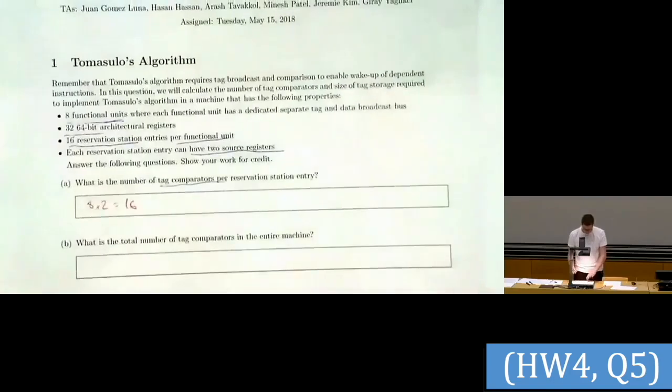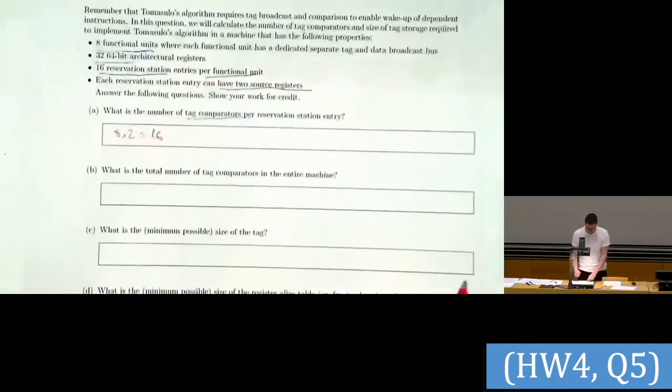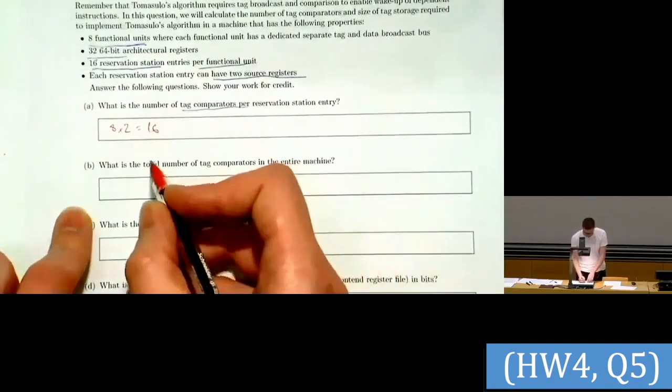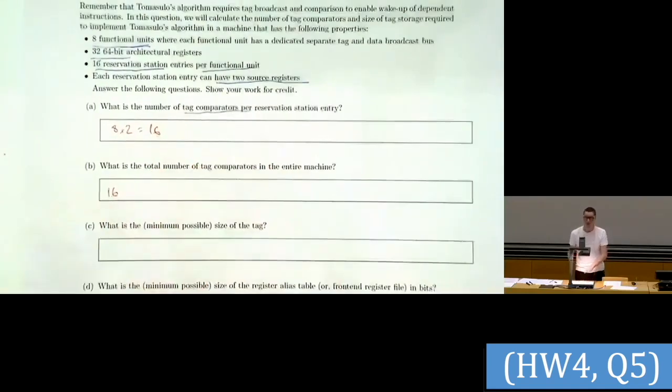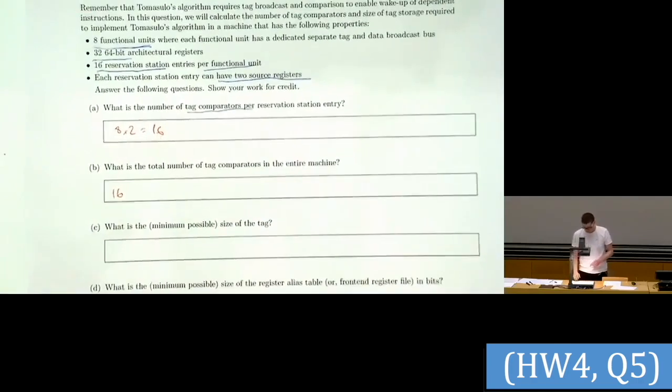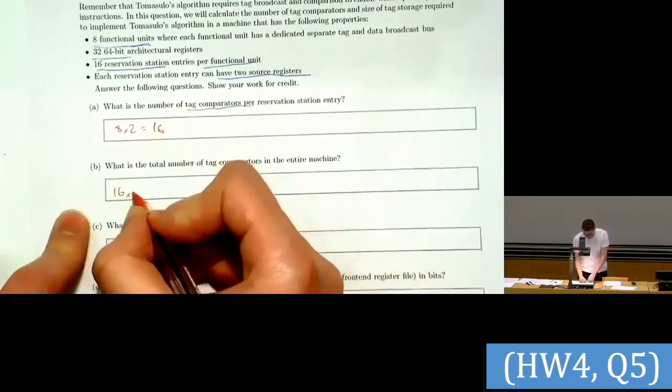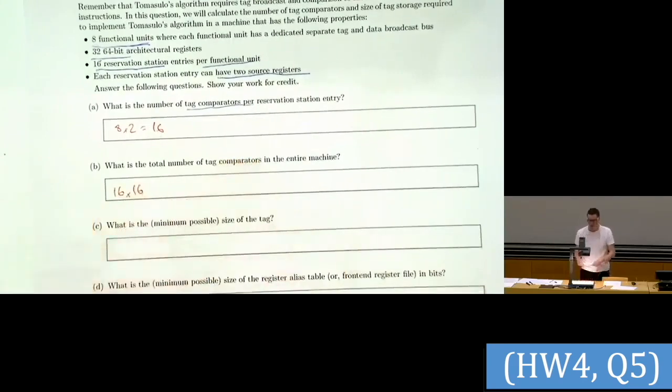Okay, so if we accumulate everything together, we have 16 tag comparators for each entry, and we have 16 entries in a single reservation station.